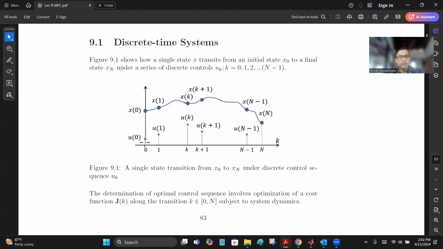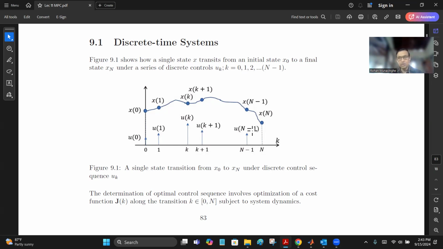At each timestamp, each instance in discrete time, we have a control signal. You can see u0 here. This is the first control signal, u1 the second control signal, like that. And one step before the end of the story, we have the last control signal, that is u(N minus 1). There's no uN, capital N, because that is the end of the story.